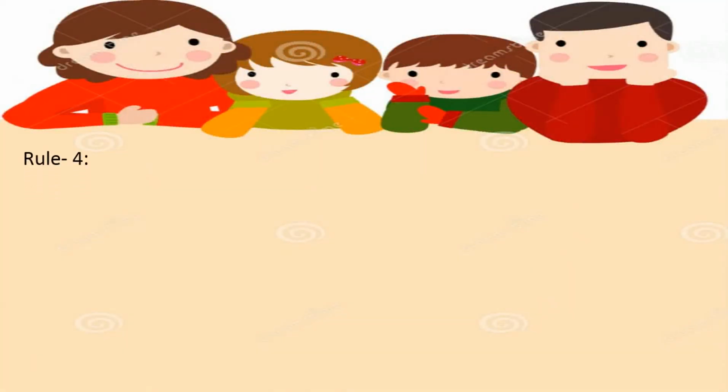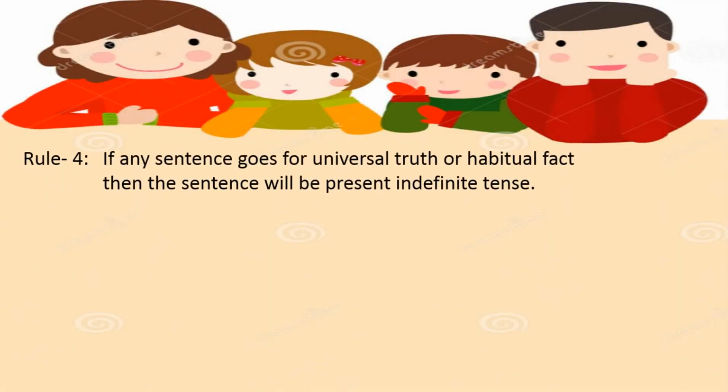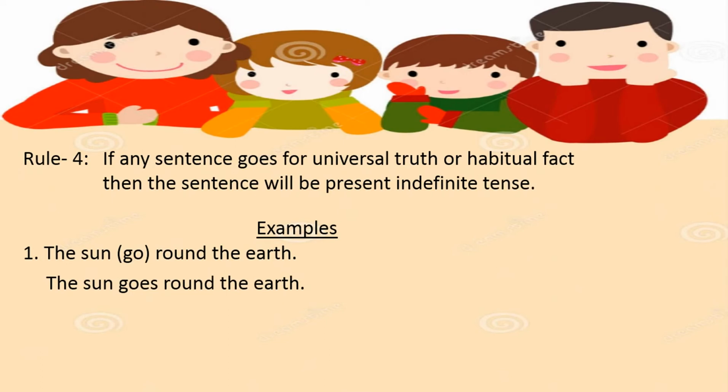Okay, so rule 4. If any sentence goes for a universal truth or habitual fact, then the sentence will be present indefinite tense. Examples: the sun (go) round the earth. This is a universal truth, you know, so it will be present indefinite tense.